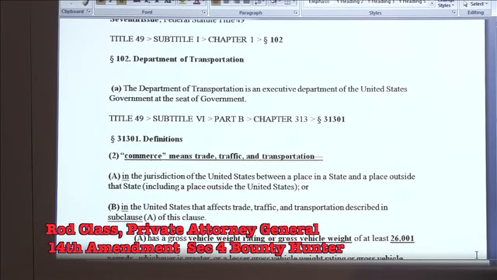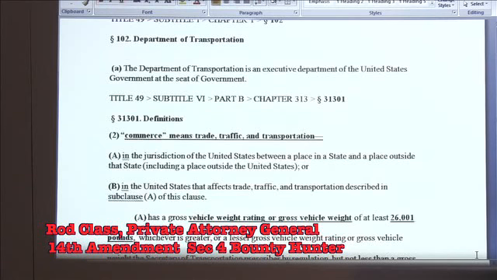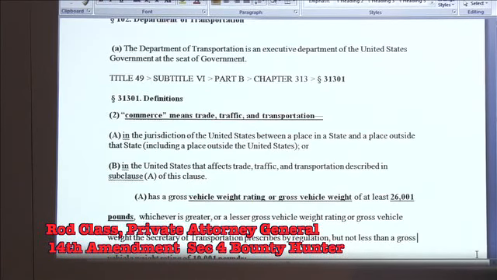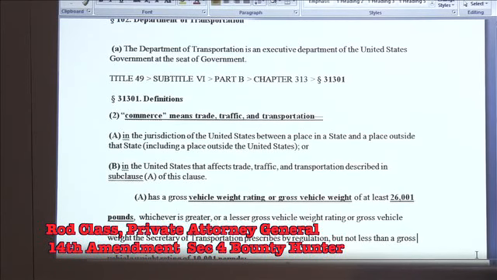Commerce means trade, traffic, and transportation in the jurisdiction of the United States between a place in a state and a place outside of the state, including places outside the United States, that affects trade, traffic, and transportation described in subclause A of this clause.